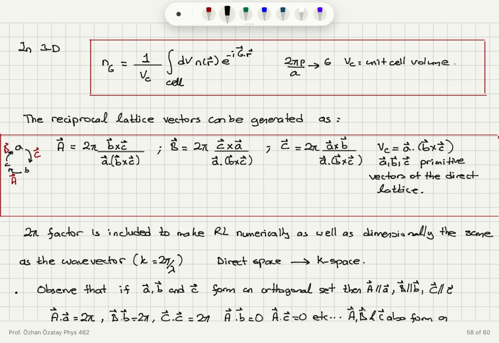Basically, since the direct lattice in 3 dimensions is a periodic pattern, it has to satisfy Fourier's theorem.